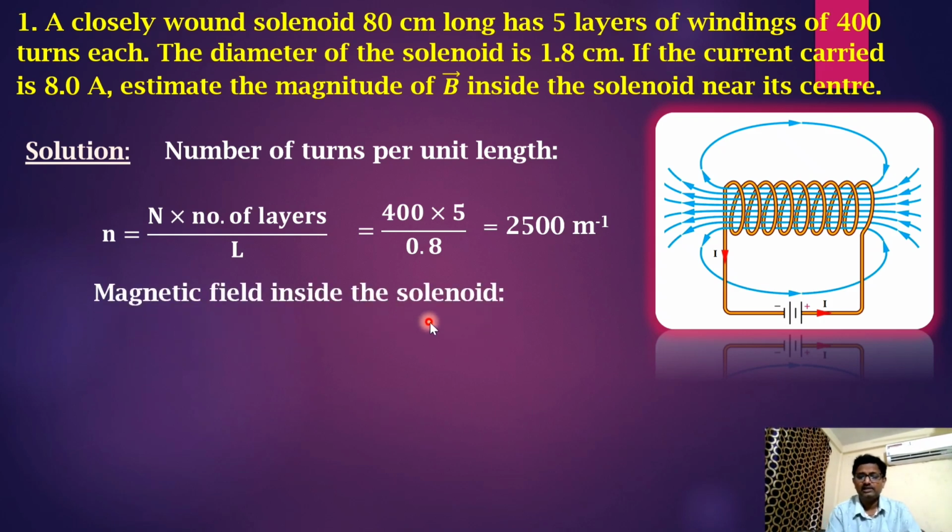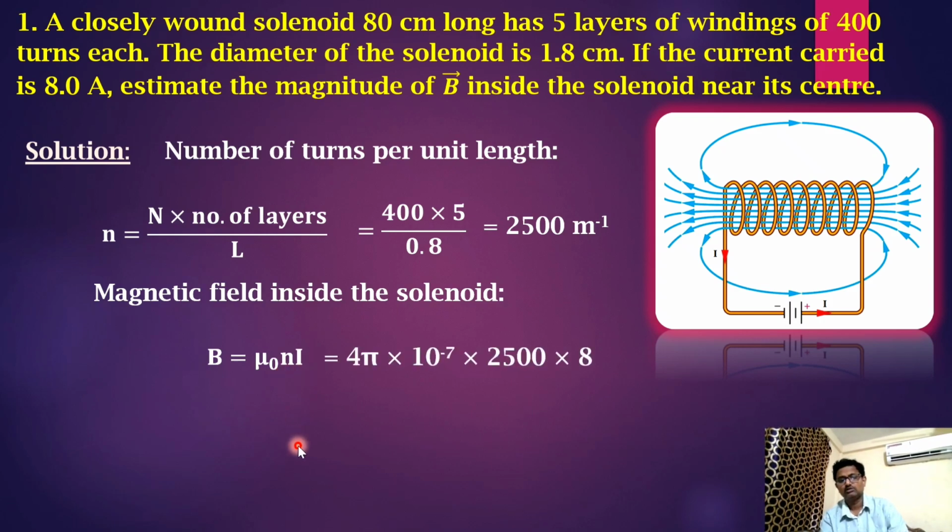Now the magnetic field inside the solenoid, B is equal to mu naught n I, where mu naught is the magnetic permeability of free space, n is number of turns per unit length, I is current. So that is 4 pi into 10 power minus 7, into n value 2500, into I 8 ampere.